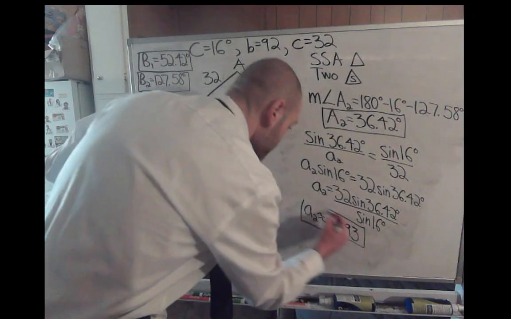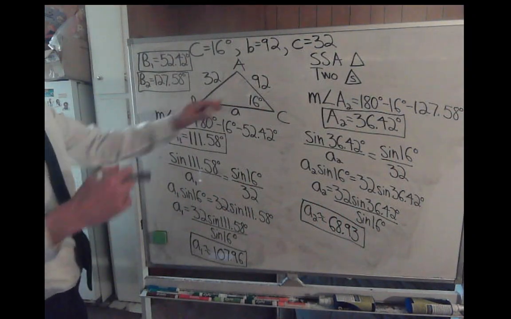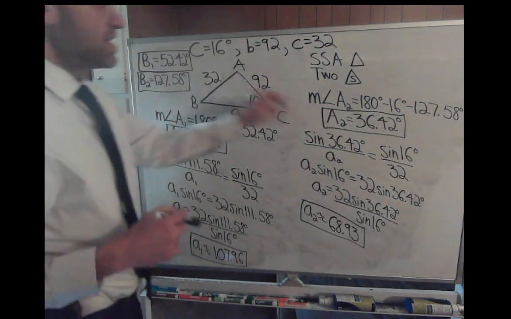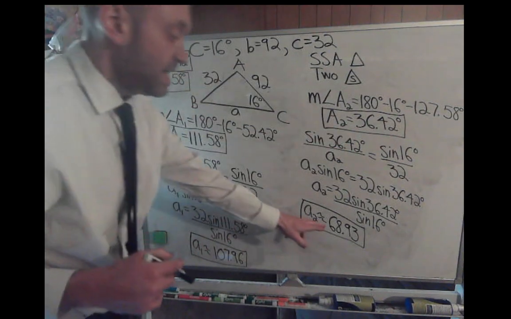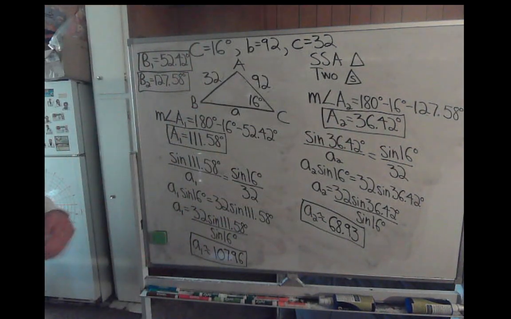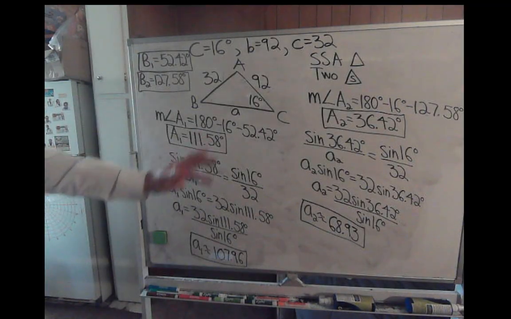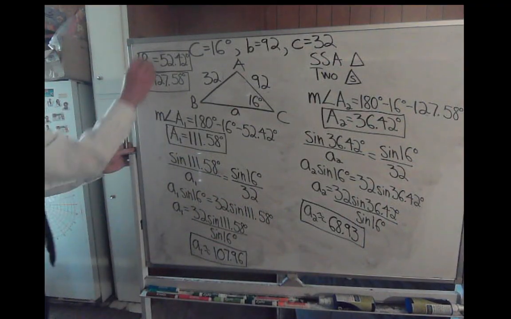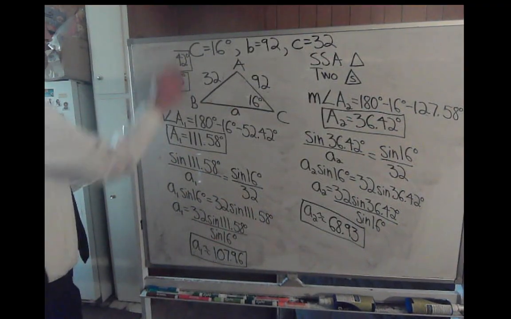So your second triangle would have angles 16, 127.58, 36.42, with side A having a length of 68.93. So either of these two triangles would work for this scenario. Alright, I should have 3 more.